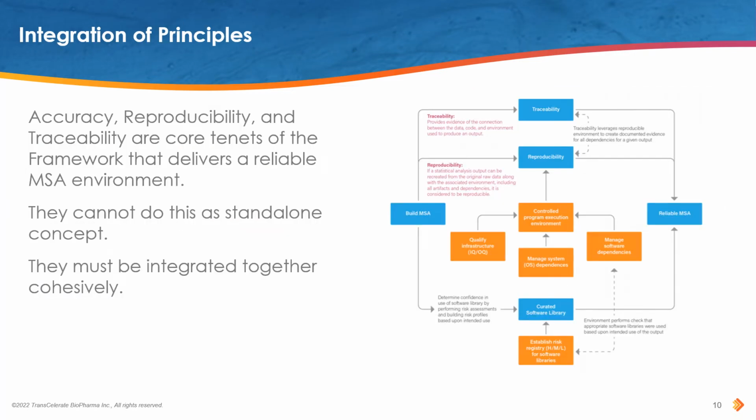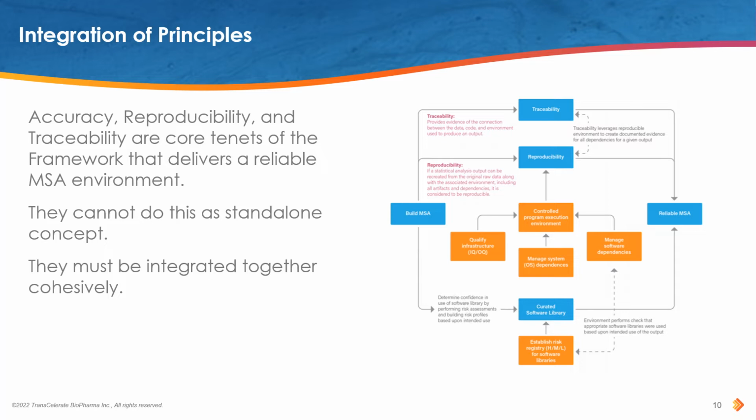Accuracy, reproducibility, and traceability are core tenets of the framework that delivers a reliable MSA environment. They cannot do this as a standalone concept. They must be integrated together cohesively. This integration begins by identifying a program's output intended purpose. Processes to appropriately tag programs executed within the MSA environment with an intended use should be established.